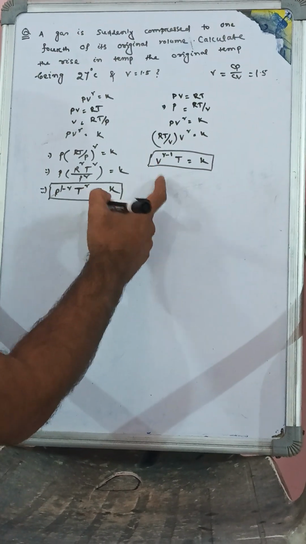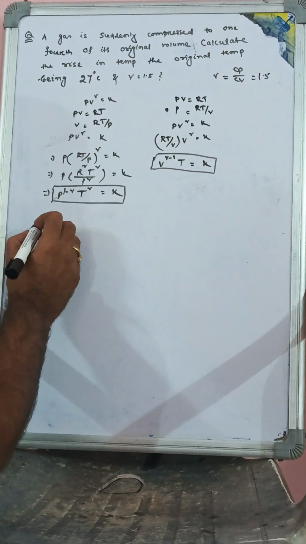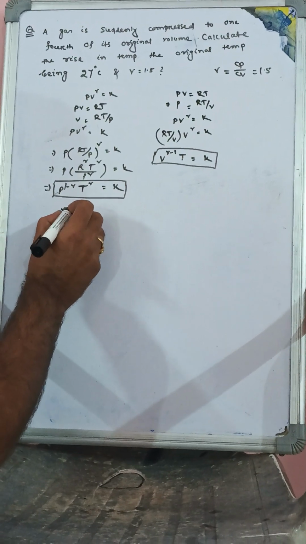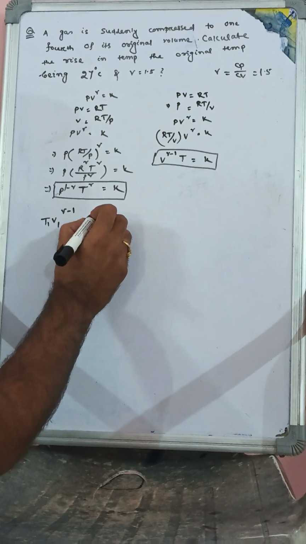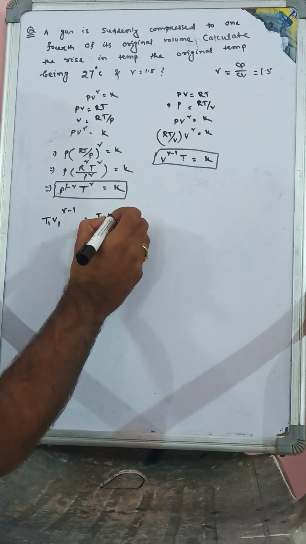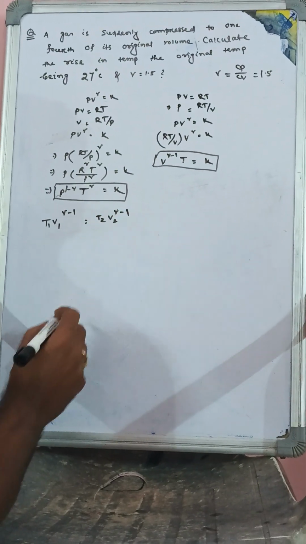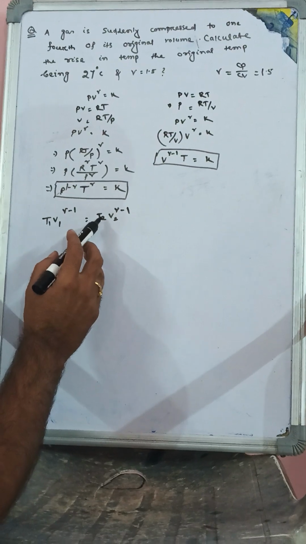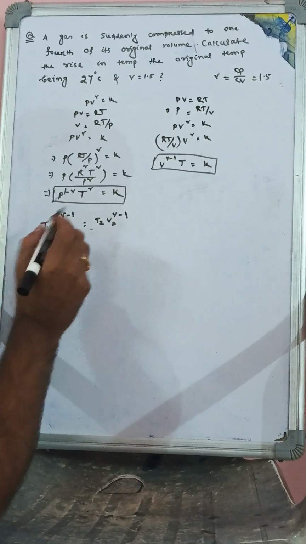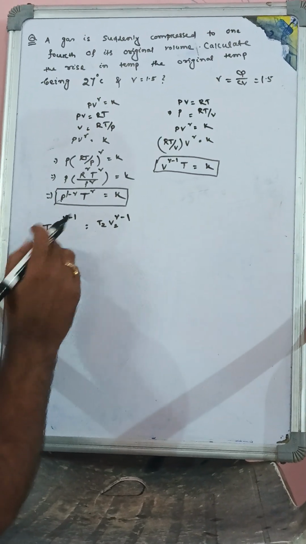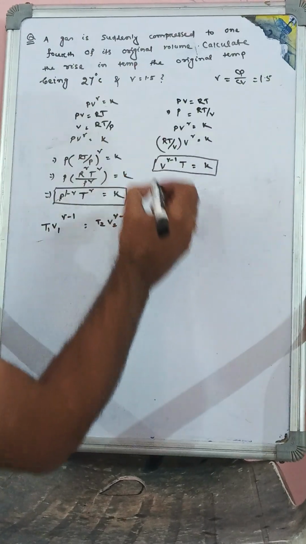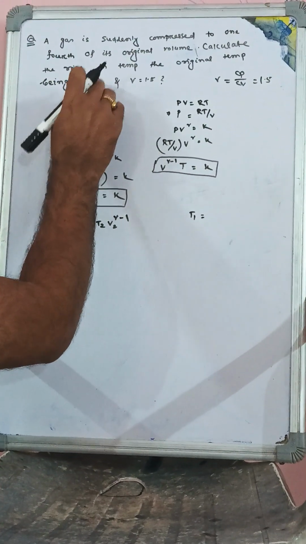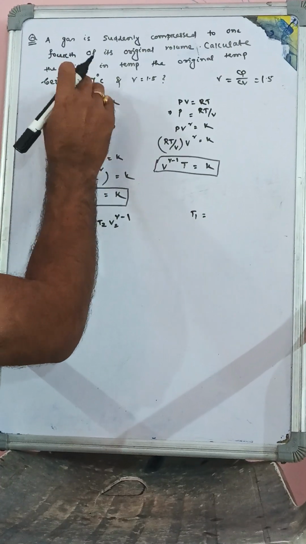From this equation, T1 V1 to the power gamma minus 1 is equal to T2 V2 to the power gamma minus 1. So we find T2 from this equation. T1 we find in Kelvin.